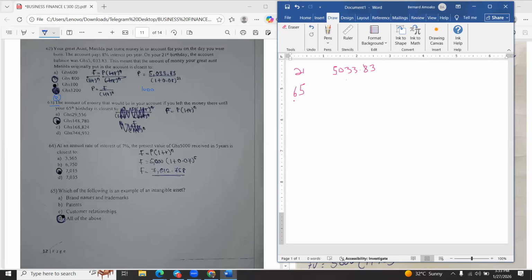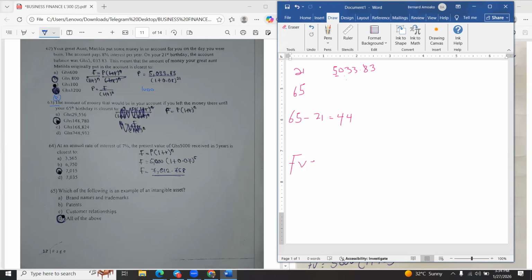One, you find the difference, because already when you were 21 years, you know how much is in your account. So what is the difference between 65 and 21? There should be 44 years. So you are looking at, in the 44th year, how much will be in your account? So you are finding the future value.